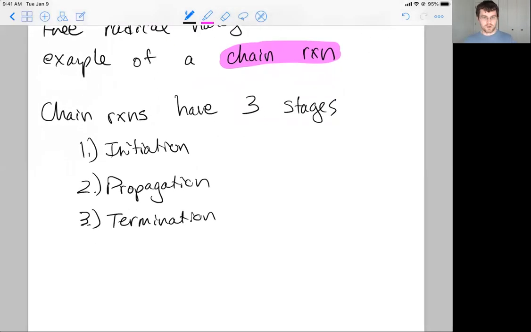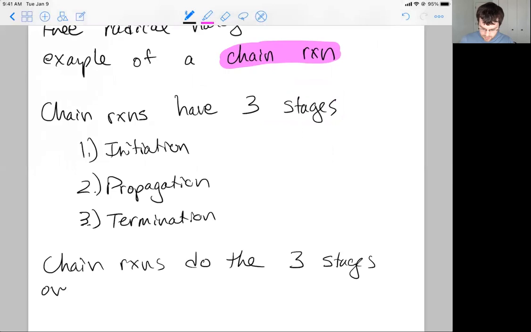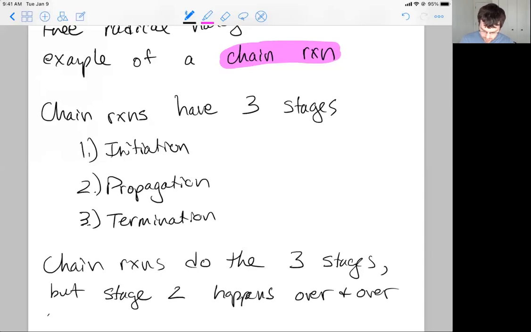The way chain reactions work is that stage 2 happens over and over until the limiting reagent is fully consumed.